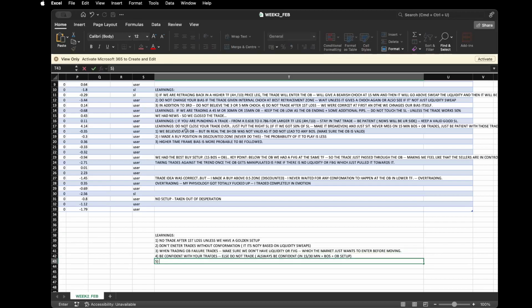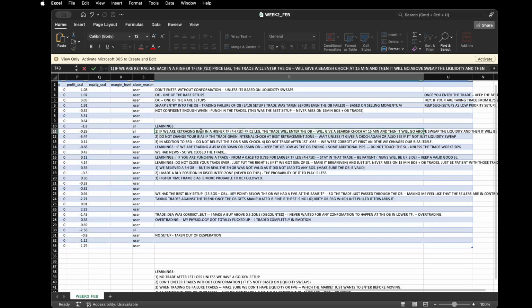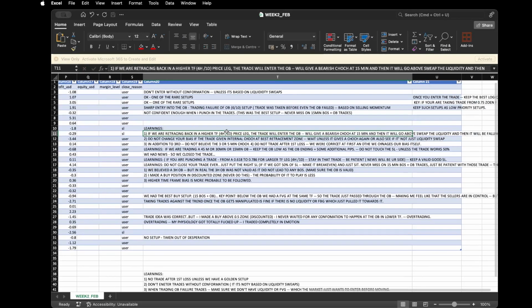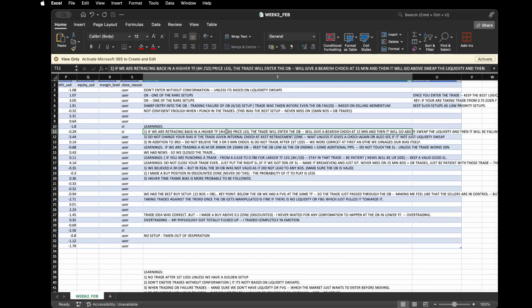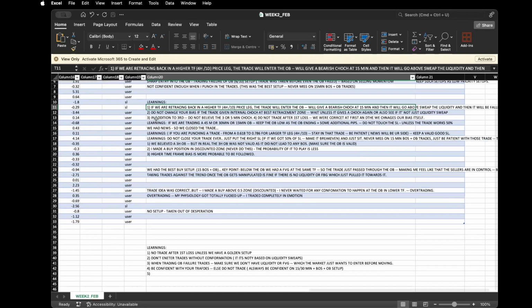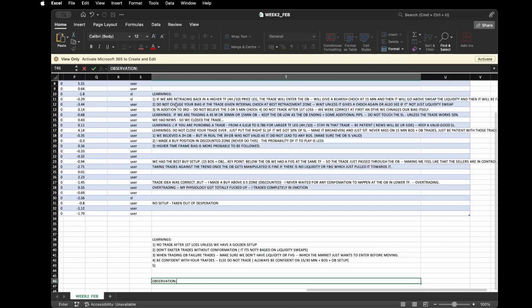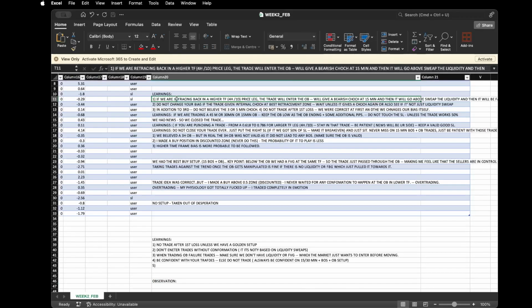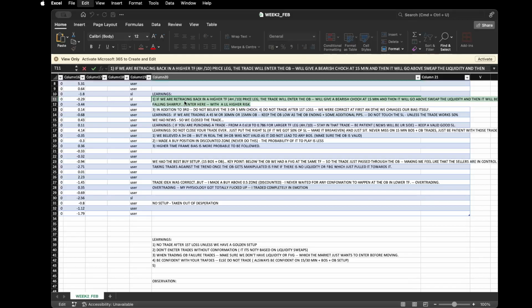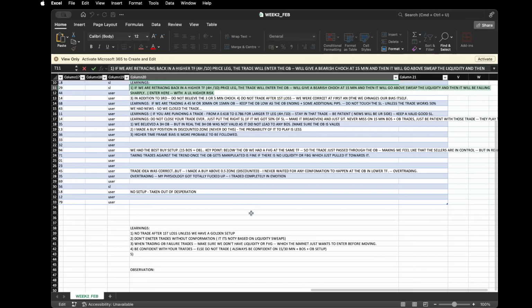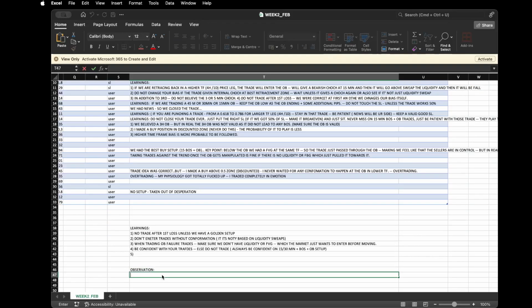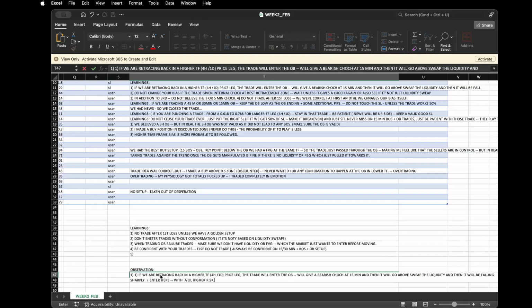Fifth, if you are retracing back in the higher time frame, 4 hour or 1 hour leg, the trade will enter the order block. Okay, this is an observation, not a learning. If we are retracing back in a good zone at the 4 hour or 1 hour price leg, then the order block, the trade will give the first change of character, then go down, come up again and sweep the liquidity.